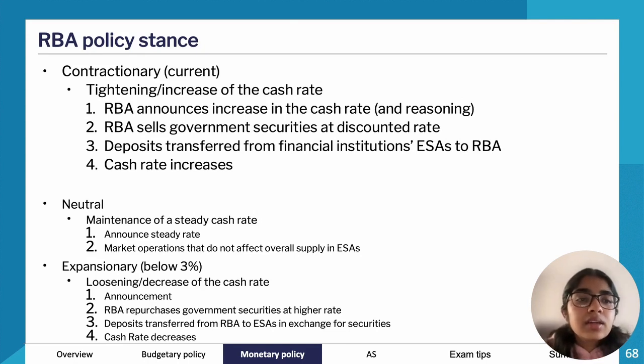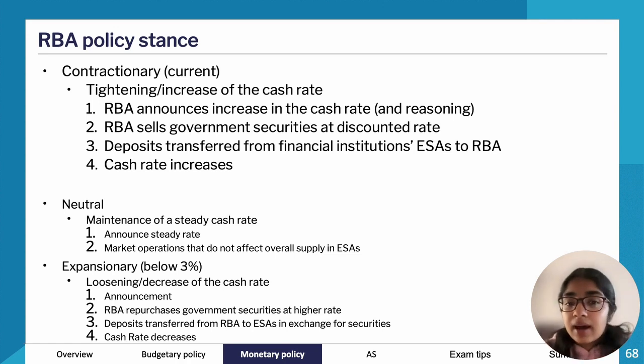Okay, like we talked about the budgetary policy stance earlier, the RBA also has its own policy stance. The current stance is contractionary, so the cash rate is over 3%. To achieve that stance, the RBA tightened, or increased, the cash rate. So how did they do that?